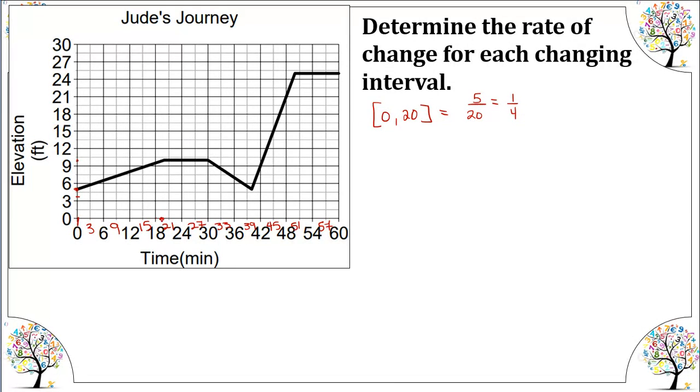Then from hour, it looks like 20 to 30, his elevation does not change. It is constant. So we can have 0 over 10 if you want, and that simplifies to 0. Then he is coming down. He is moving down, must be going down a hill. And that is from 30, it looks like 40.